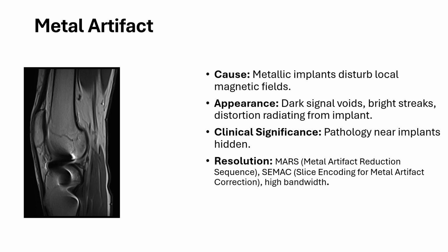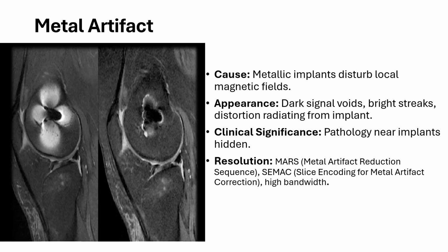So this is the appearance of metal artifact, and the clinical significance is that pathology near the implants is hidden. Resolution is done by MARS, the metal artifact reduction sequence, or SEMAC, that is slice encoding for metal artifact correction, and by using high bandwidth.